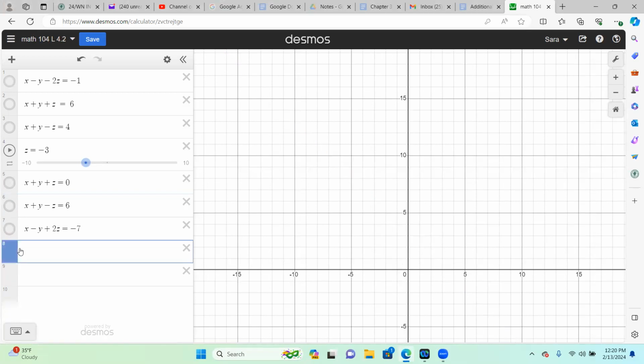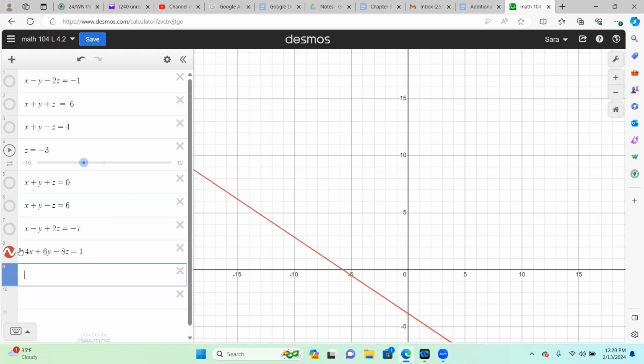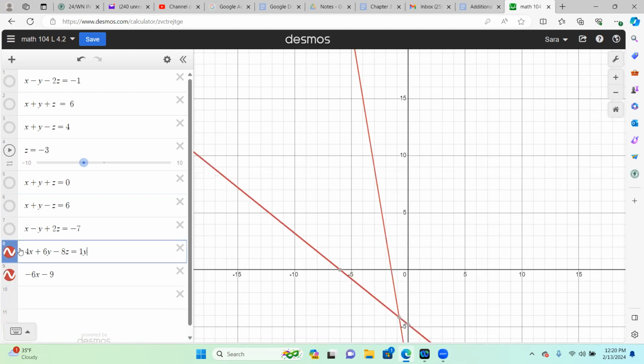So 4x plus 6y minus 8z equals 1. And then we have a negative 6x minus 9y plus 12z equals 0.